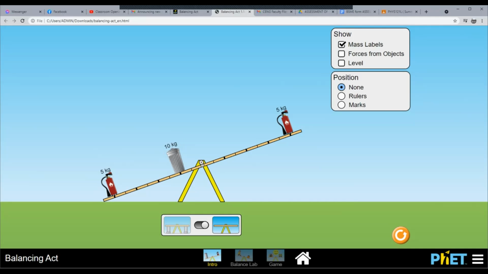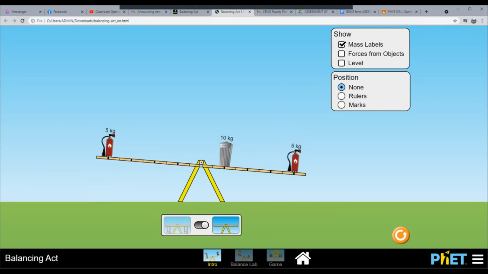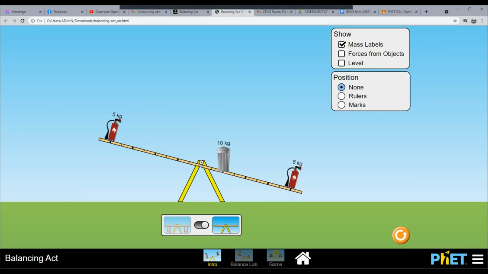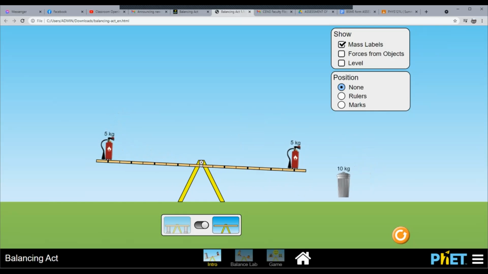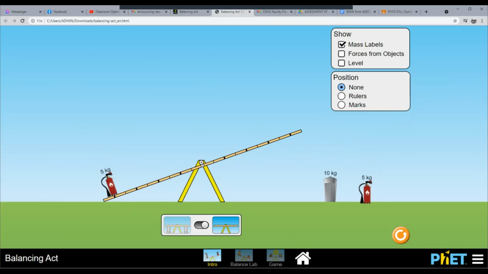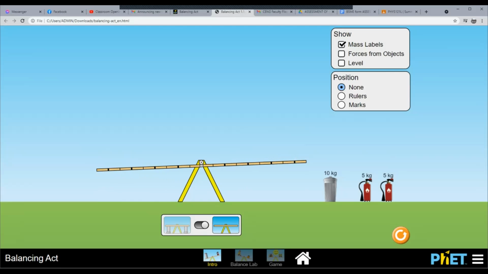It also moved up. But if we place this 10 kilogram on the other side, then the opposite side would go up. If we remove the 10 kilogram, this would happen. If we remove that 5 kilogram, this would happen. And if you remove another 5 kilogram, then the fulcrum would be in balanced condition.